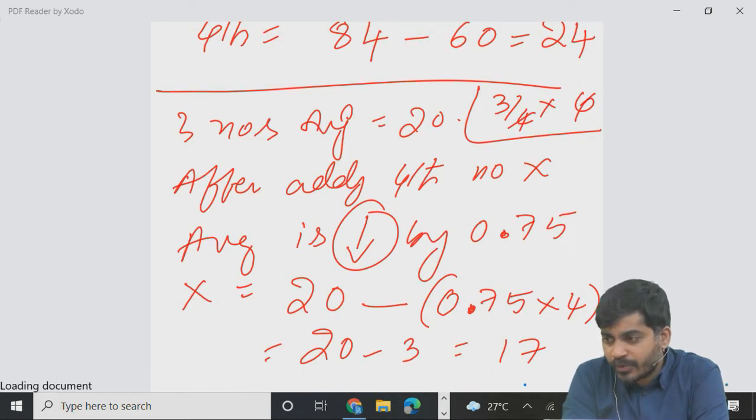Yeah, very good. 17 is the right answer. Clear?